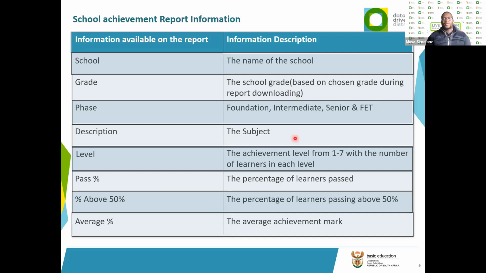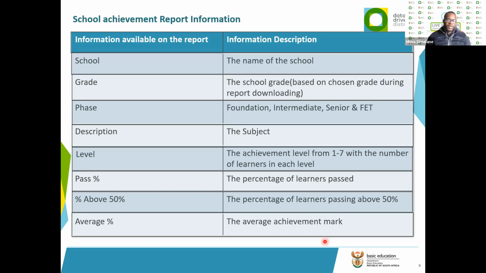filtering. And then we have something called a description here, where you see that, colleagues, it's talking about the subject, okay? And then we've got the levels of achievement from 1 to 7, which I will break down to remind us what those mean in the next slide. Then we've got the pass percentage. The pass percentage talks about the percentage of learners that have passed. Okay, that's the percentage of learners that have passed.